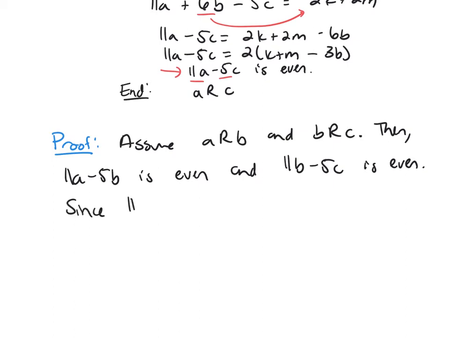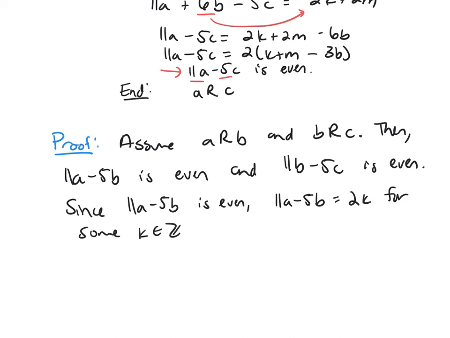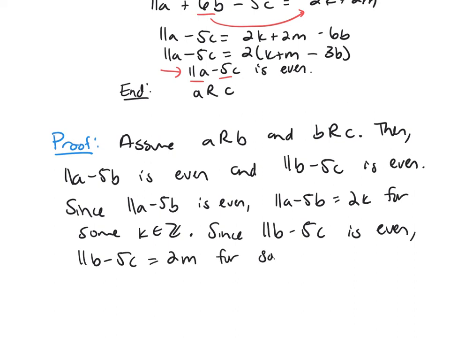Since 11A minus 5B is even, 11A minus 5B equals 2 times K for some K in Z. Since 11B minus 5C is even, 11B minus 5C equals 2 times M for some M in Z.